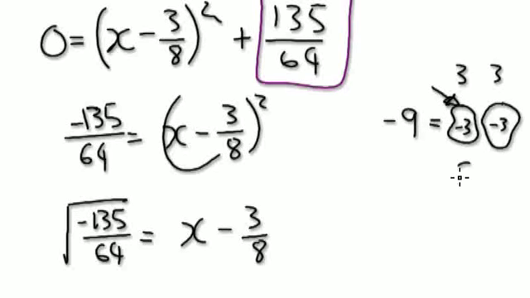The only way you can create a minus 9 is with a negative in one and a positive in the other. But when you square root something, you've got to get something times by itself. So you can't square root a negative number. This is why it breaks down.